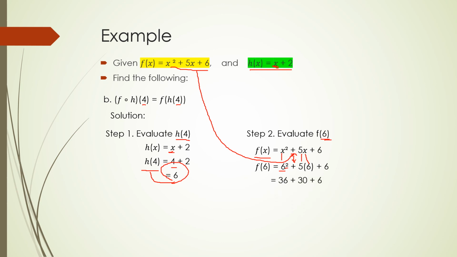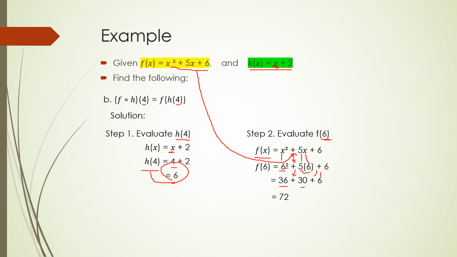Since 6 squared, or 6 times 6, is equal to 36, we have 36. Then 5 times 6 is equal to 30, so we have 30, and plus 6.